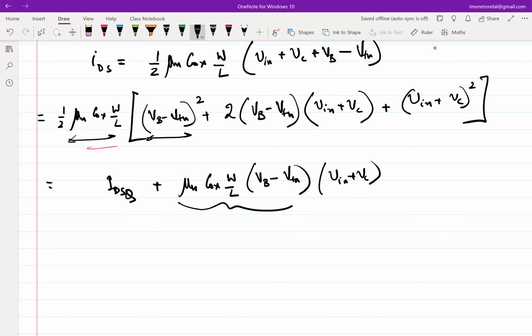So this is essentially GM times the incremental input, plus you get half mu n C ox W by L times V in plus VC whole squared.